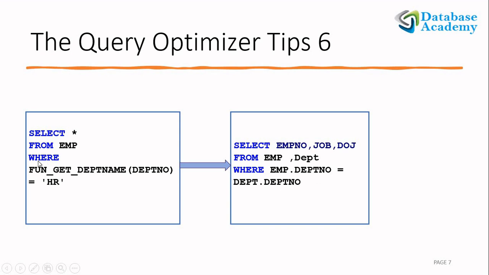Instead of using the function, we can directly use the table used inside the function in a join condition, and that will improve your performance. If that is not possible, then we can use a function-based index, creating an index on that column based on this function, which will improve the performance. But first we should try to avoid the function.